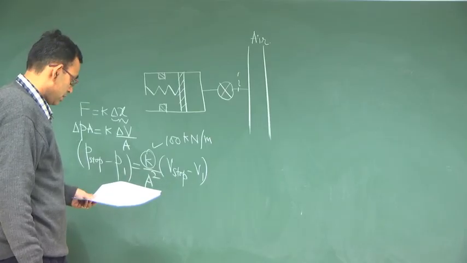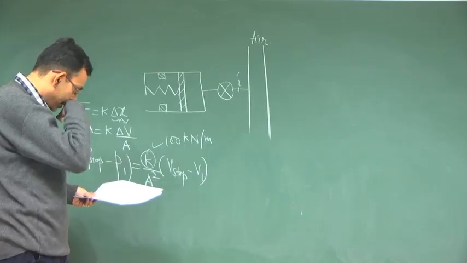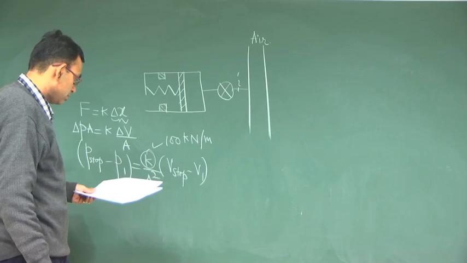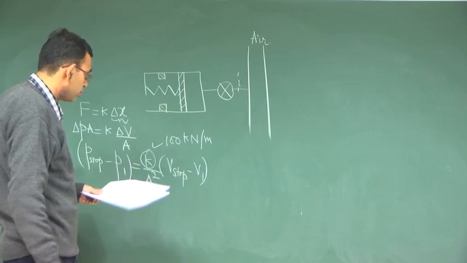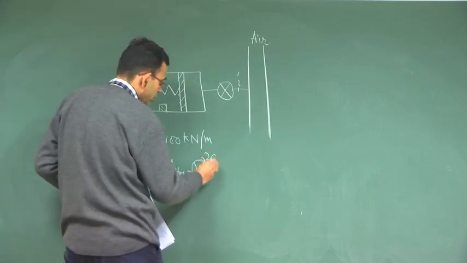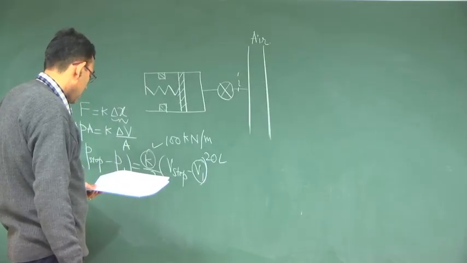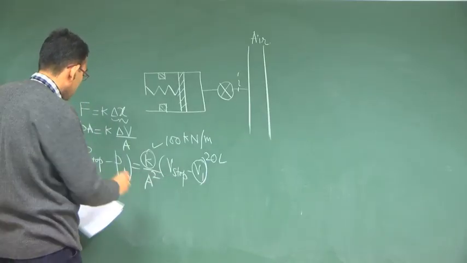Initial volume is given 20 liter, you convert this to meter cube. Initial pressure is 200 kilopascal.